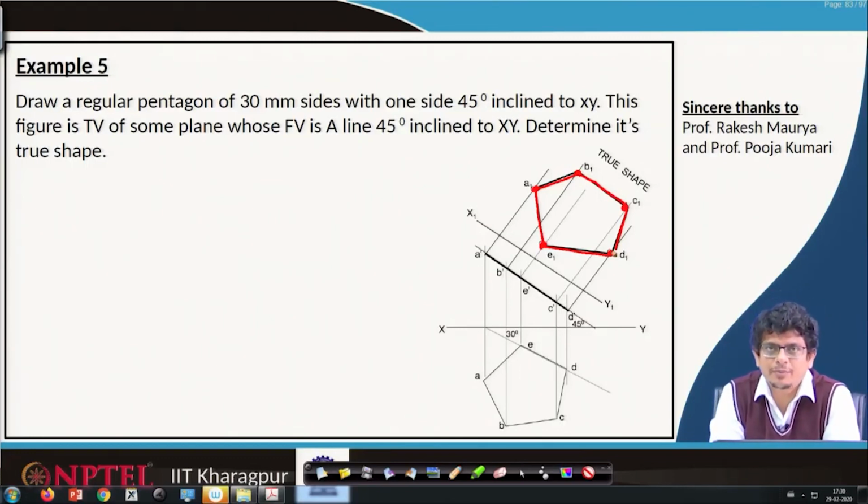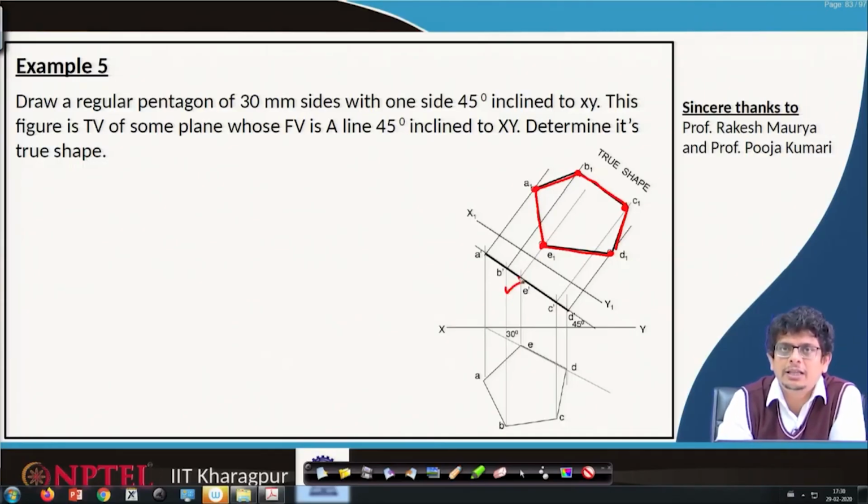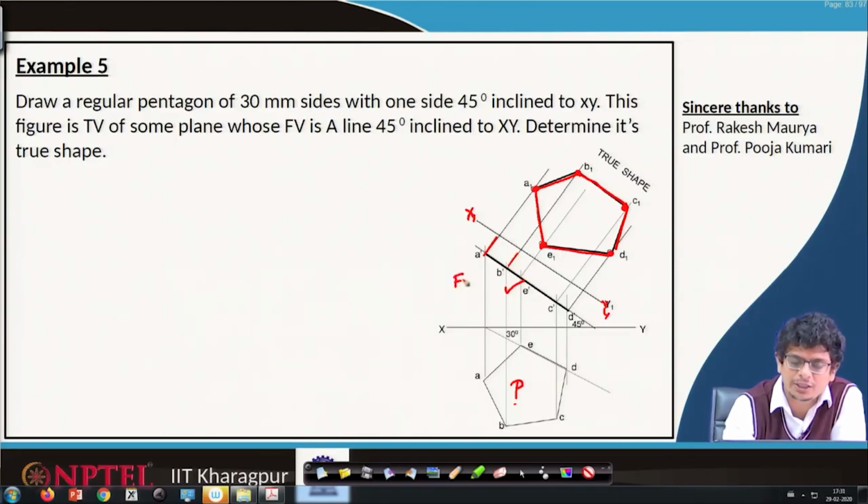So, in our auxiliary plane method, when we know the front view and the top view, in this case the front view is giving us a true line, and the top view, after having this view, we are getting a regular pentagon. Once these things are known, parallel to the true line we will draw an auxiliary plane x1, y1, and project all these a, b prime, e prime, whatever front view information we have, from the original xy axis.